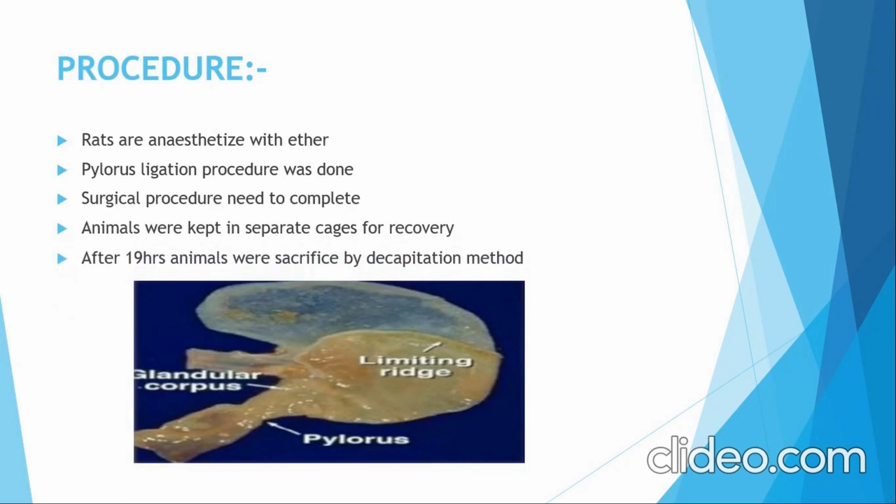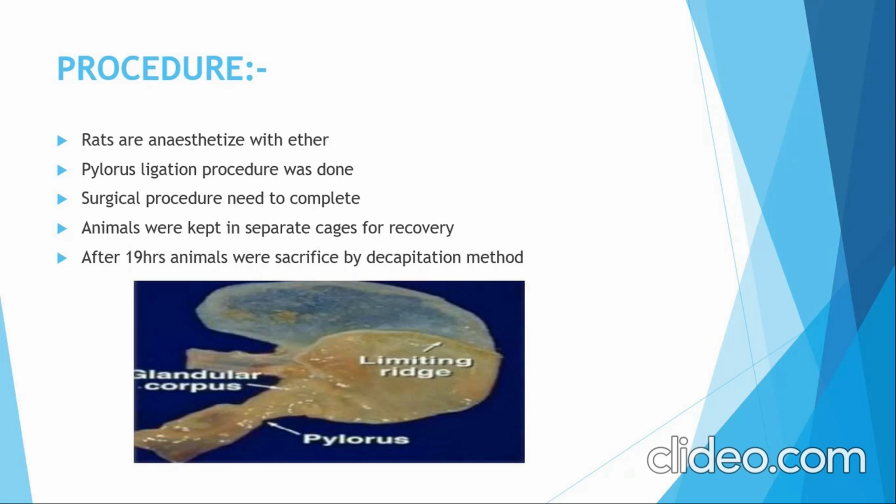Afterwards, the rats are anesthetized with ether, and the pylorus ligation procedure is done. The surgical procedure needs to be completed. Animals are kept in separate cages for recovery. After 19 hours, animals are sacrificed by the decapitation method, which is also called the cervical dislocation method, and then the stomach of the rat is isolated and cut open.